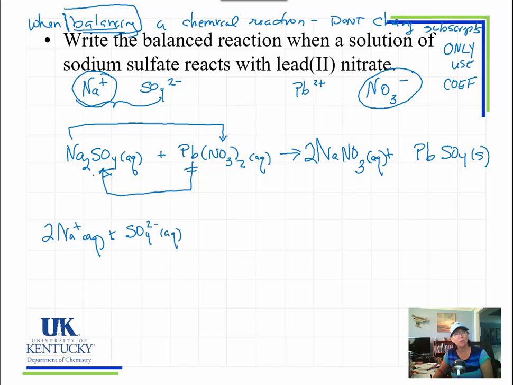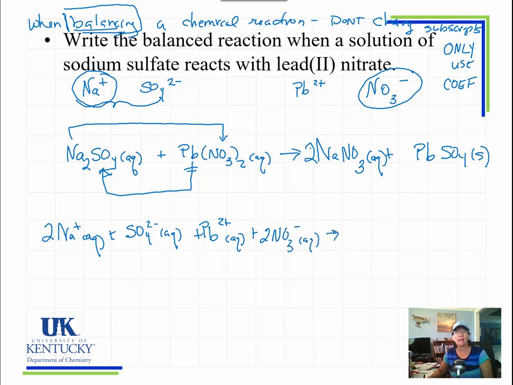Notice how the subscript became the coefficient, because when it breaks apart into ions, each of those are floating around independently of each other. They don't stay hooked together. The lead, Pb, that doesn't look like a P to me. Let me put the P in front of it. Pb 2+, and there are 2 nitrate ions floating around.